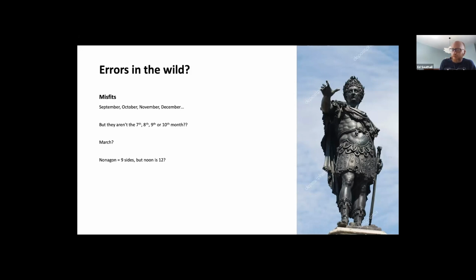And in fact, they were. They're essentially named after the numbers correctly. It's just that we've added more months in since they were named.